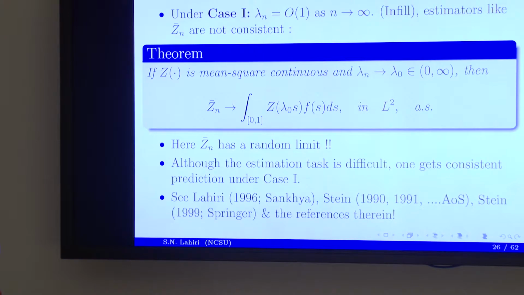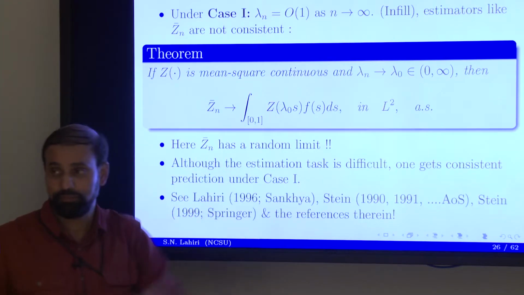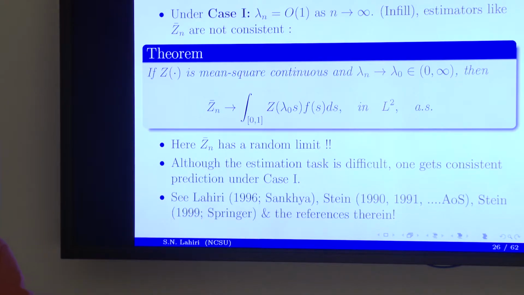And part of the reason is when you look at a bounded interval, I have put some smoothness condition here. These are mean square continuous processes, which means essentially the paths are continuous for most of the sample space. And so if you know what is happening at a time point and you come very close, that's what is happening when you are infilling 0 to 1, for example.